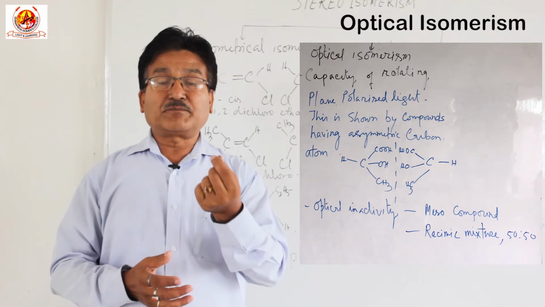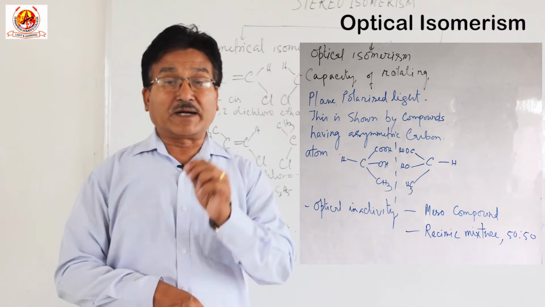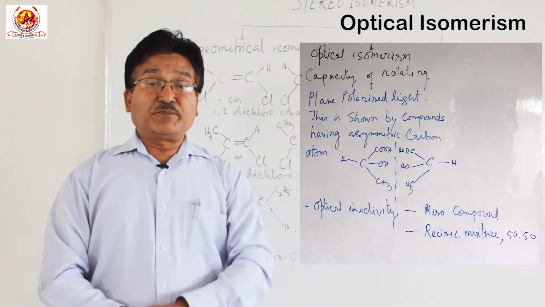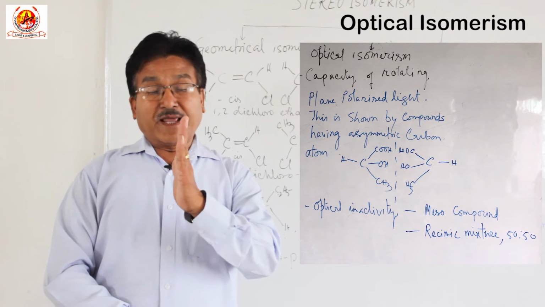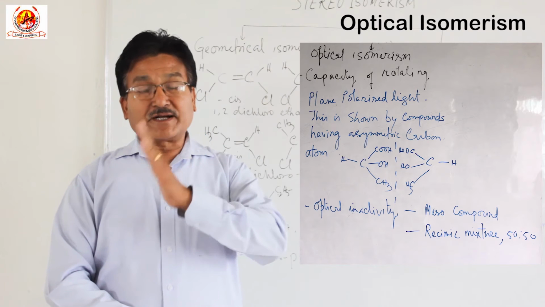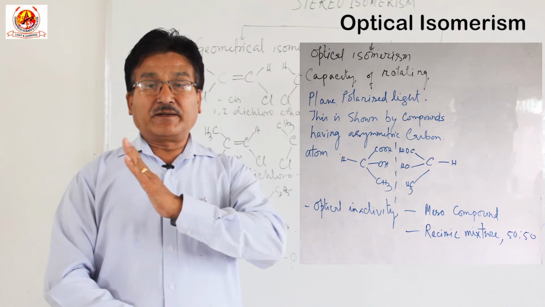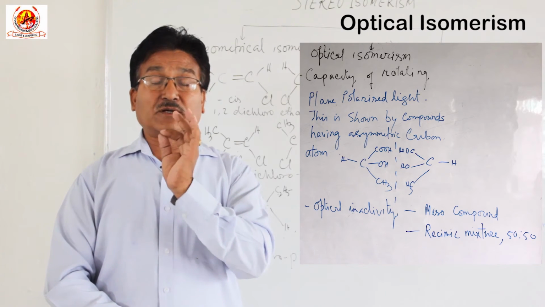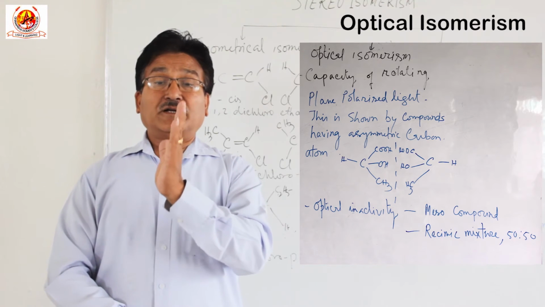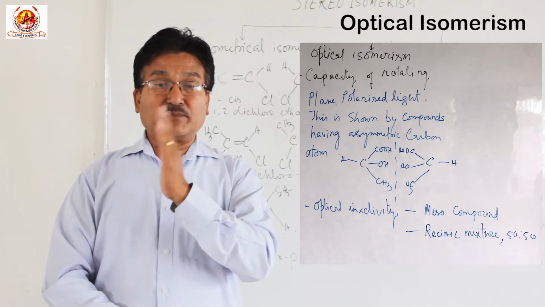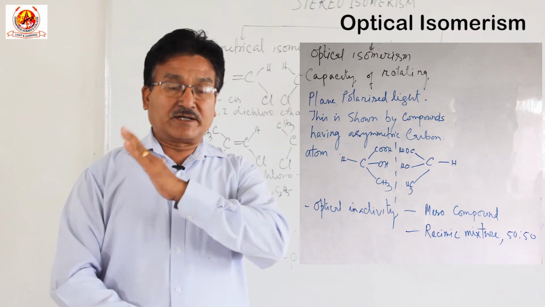What does positive D lactic acid mean? Positive means it rotates the plane polarized light towards the right. D is the nomenclature for dextro, which means right side.